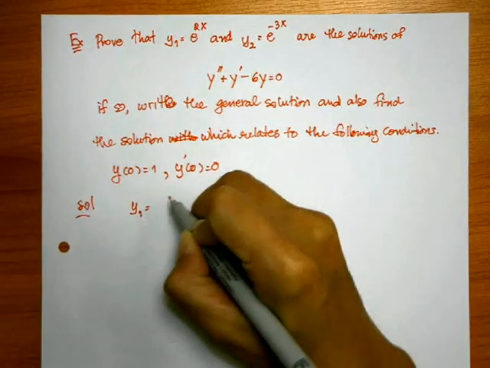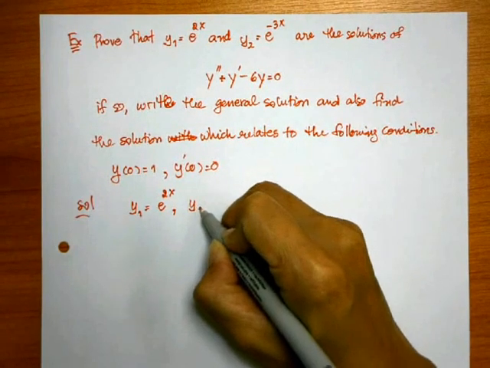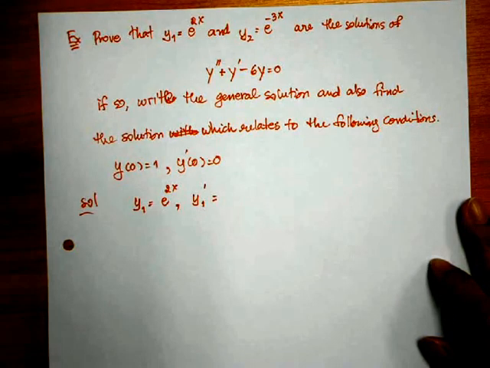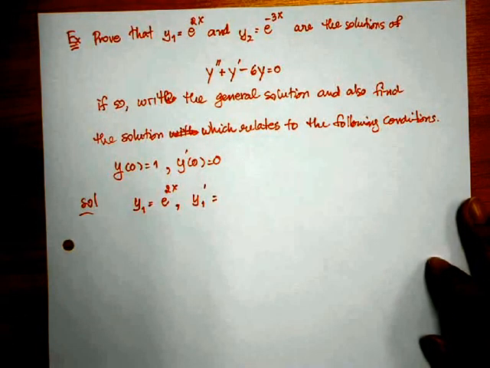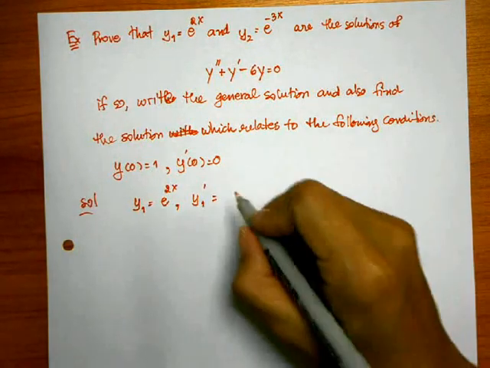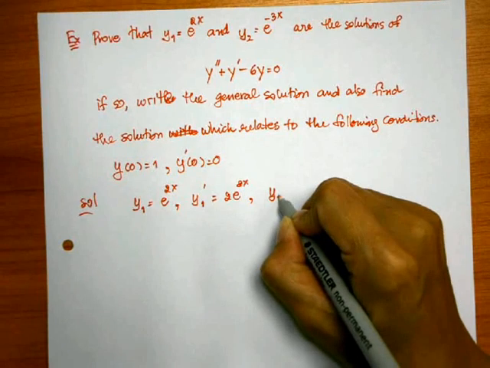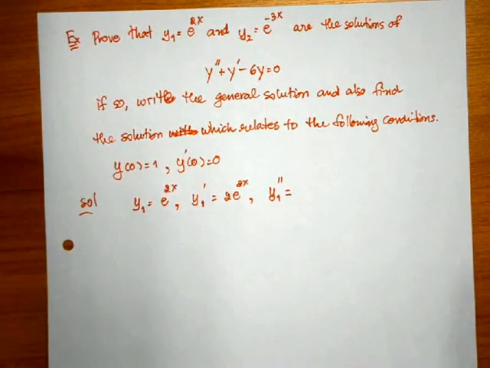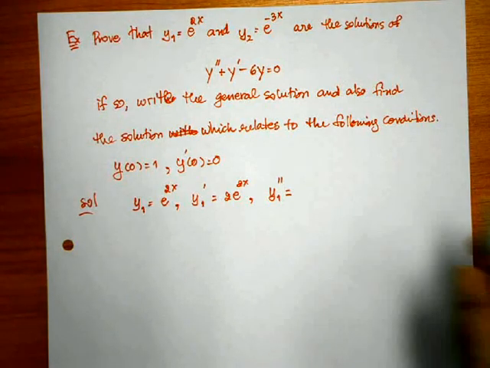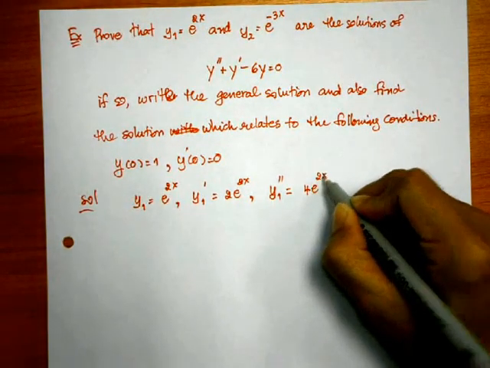Now our y1 is equal to exponential of 2x. So we've got to do the first derivative of y1 and the second derivative of y1. The first derivative of y1 equals 2 exponential of 2x, and the second derivative of y1 is equal to 4 exponential of 2x.